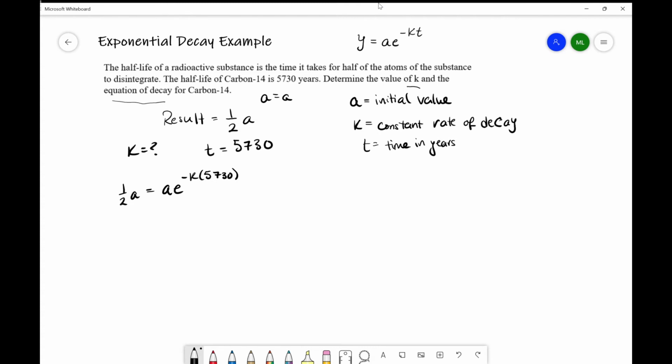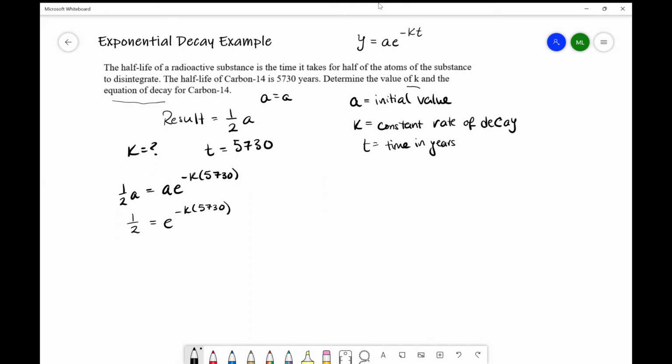So half a equals a e to the power of negative k times 5,730. Let's work this out. You can do horizontal cancellation, and the a's go away, so you're left with a half equals e to the negative k times 5,730.